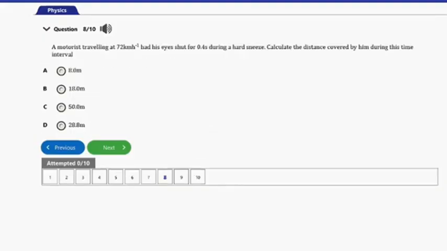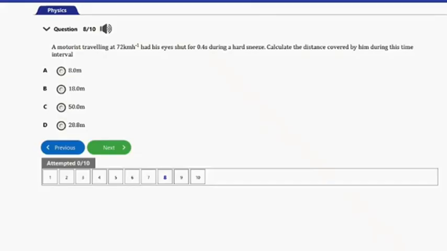So the next question here is question number 8. It says, a motorist traveling at 72 km per hour had his eyes shut for 0.4 seconds during a hard sneeze. Calculate the distance covered by him during this time interval.